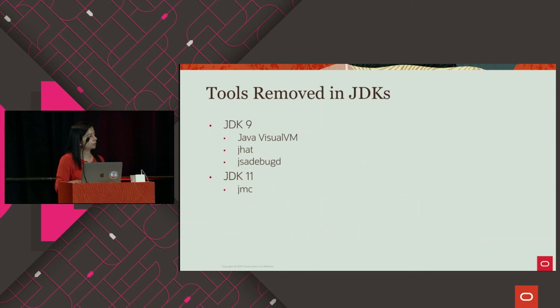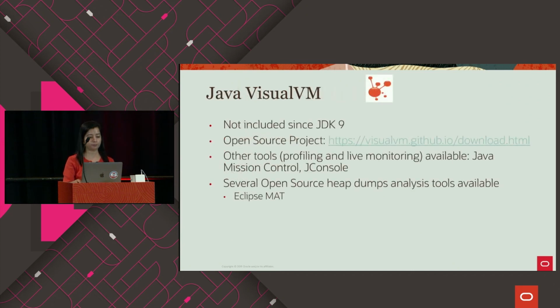Some of the tools were removed in recent versions of the JDK. JDK 9 removed Java Visual VM, JHAT, and JSA debug D. JDK 11 removed JMC from its bin folder, and JMC has been made available as an open source project.